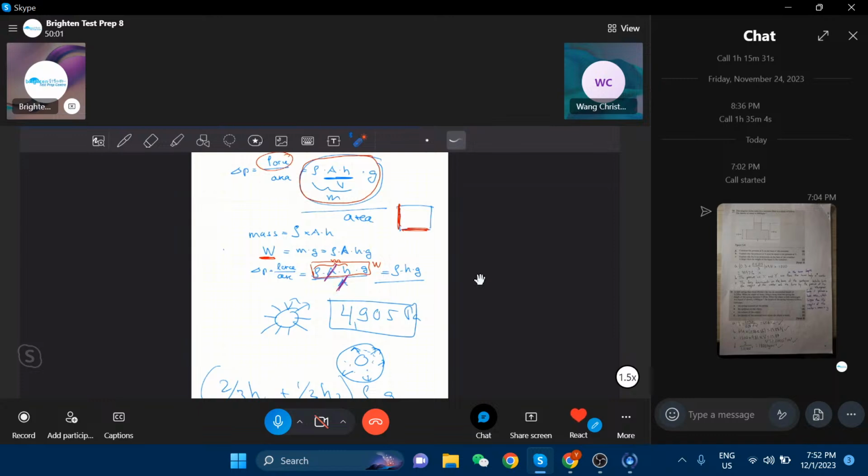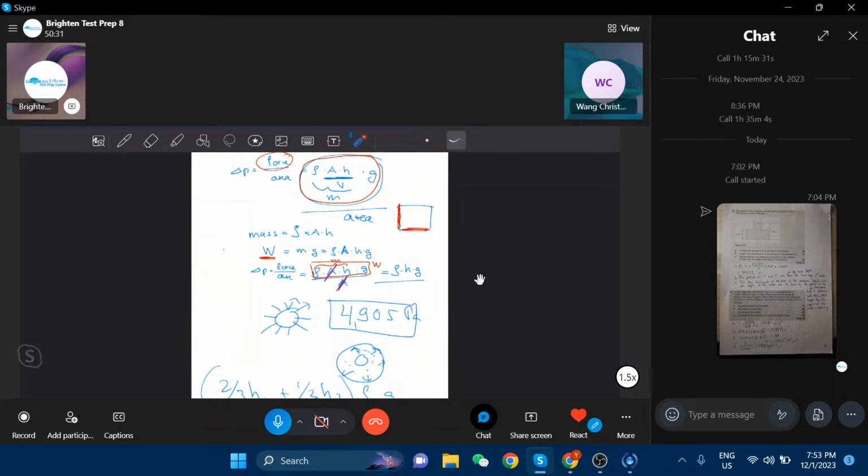Otherwise, it doesn't work. But if the density is the same, then we can compare it, as long as the A are the same, because when area increases and force increases, then the pressure is still the same. Yes, of course. Absolutely, I know. You're right.